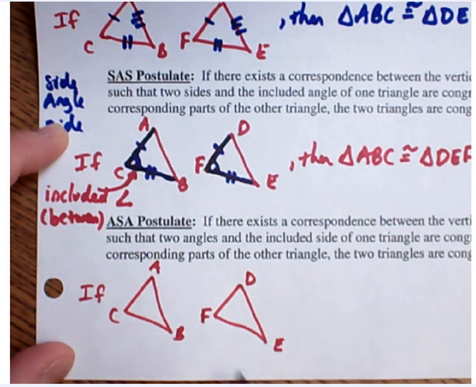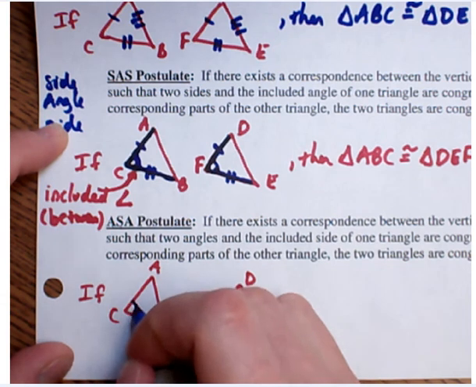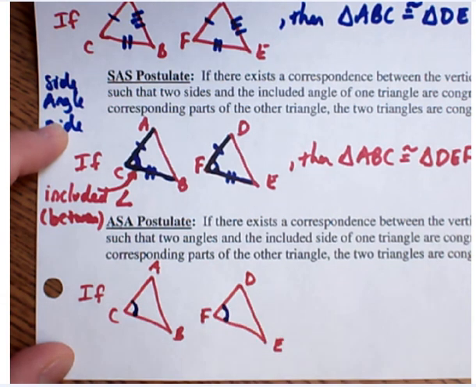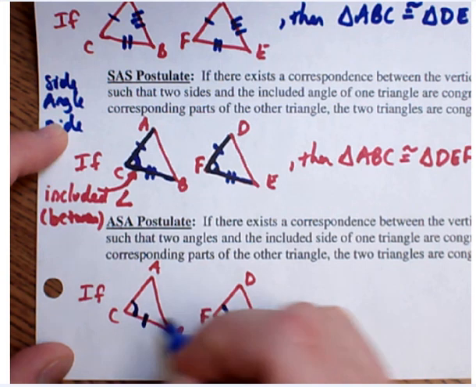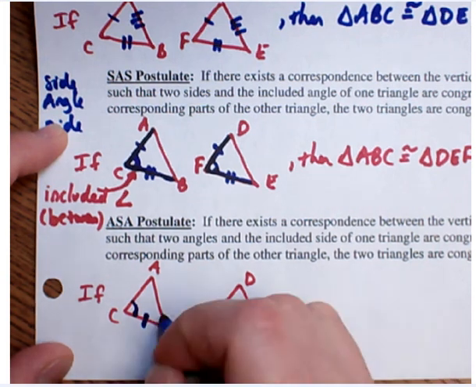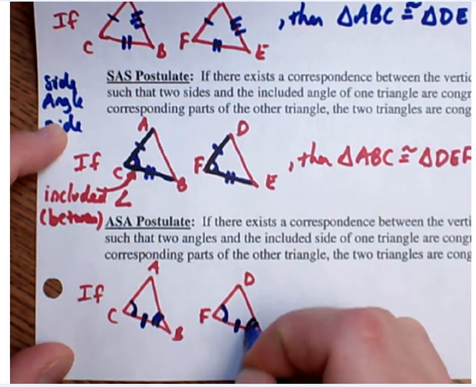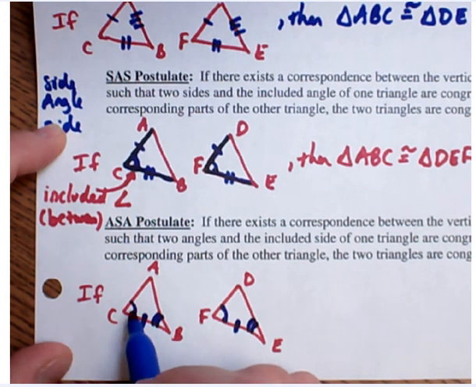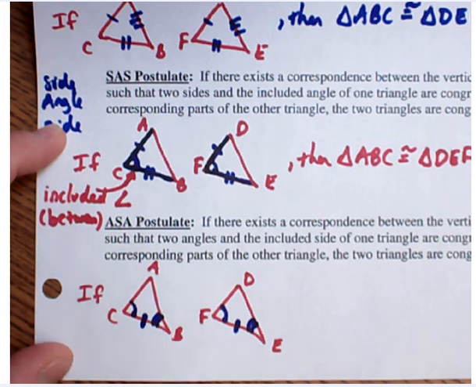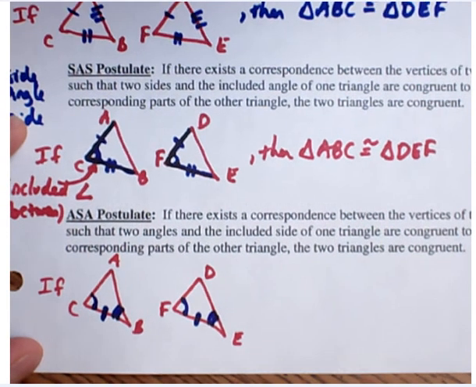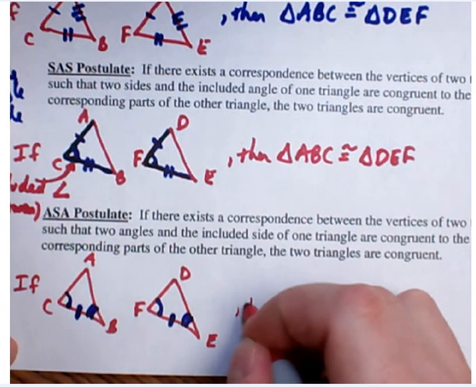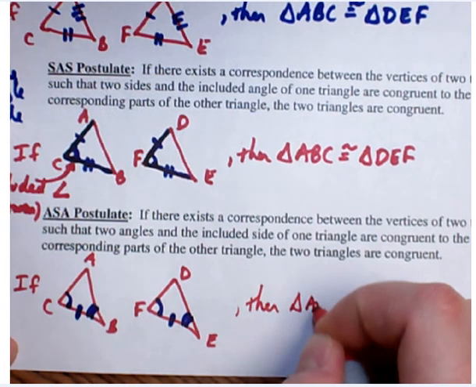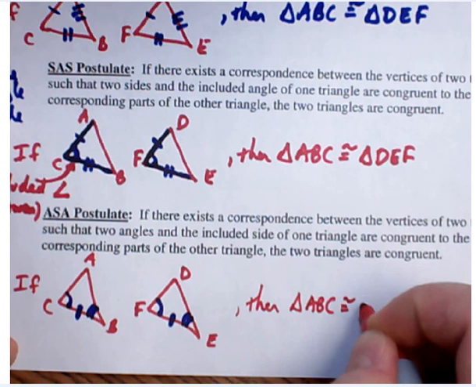Now this time we say we've got one set of angles, then one set of congruent sides, and then we have another set of congruent angles. If you have that picture, now again this is ASA. Look at the side, it's between the two angles. If that's true, that's enough information to say that the triangles have to be congruent.